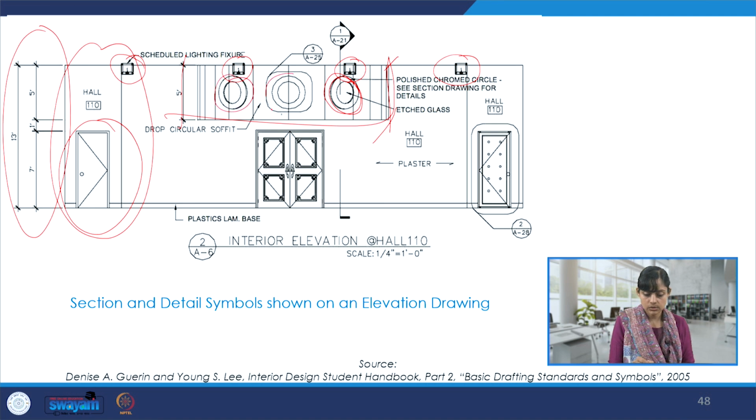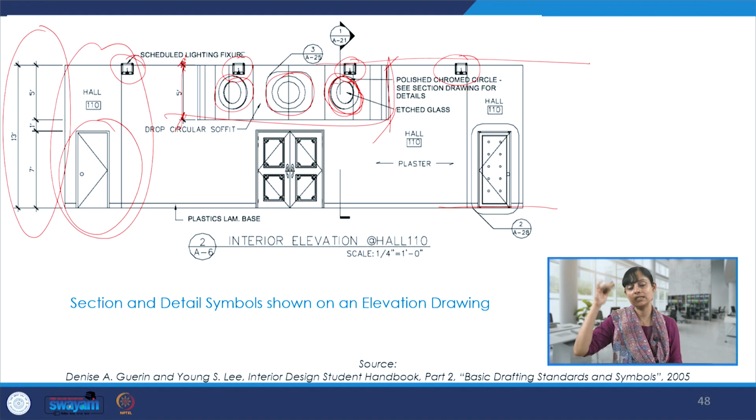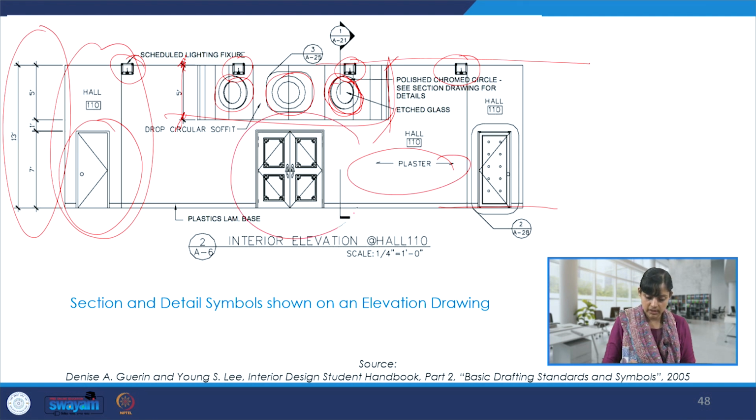So what are those details, and what is the level of drop from this ceiling? We usually take reference to the finished floor level and finished ceiling level, and from there we mark the different levels in the interior architecture drawings. Mentioning the plaster, etc., and the main door or the entrance, all of that.